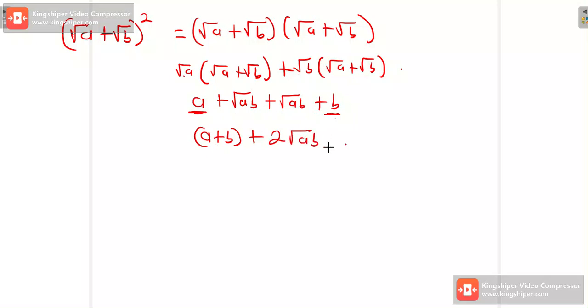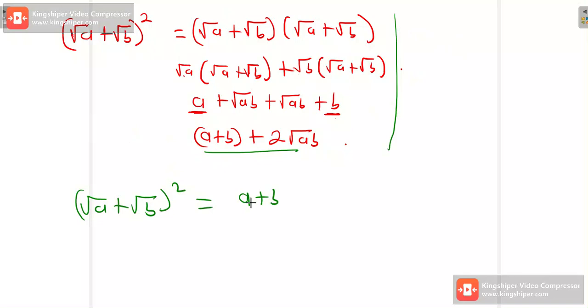So let's get this clear. We have seen that root of A plus root of B all squared is giving us A plus B plus 2 root of AB. What does it mean? It means that if I should also square root both sides, this square will cancel the square root.